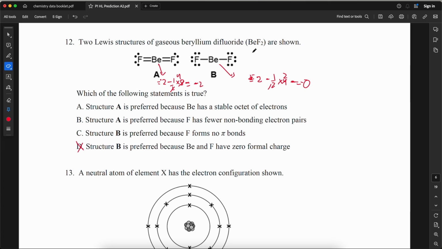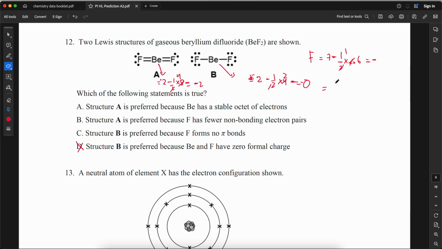Let's calculate for F then. F comes from group 7, minus half times only 2, and it has 6 non-bonding electrons.